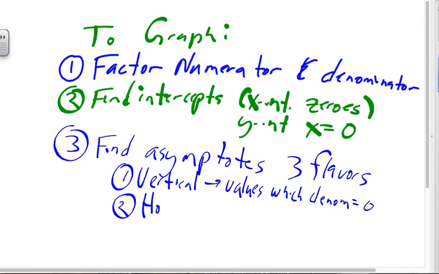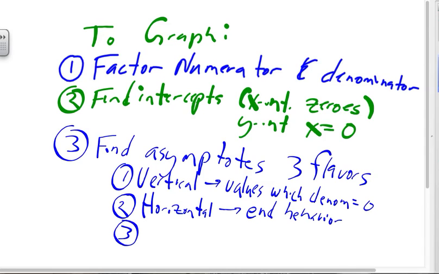Horizontal, which is our end behavior. In other words, how it behaves as x goes to plus or minus infinity.